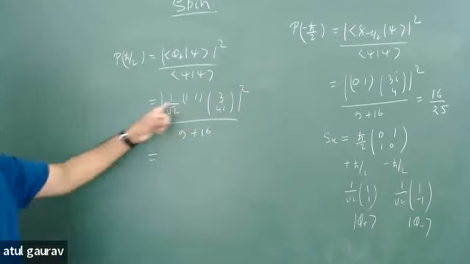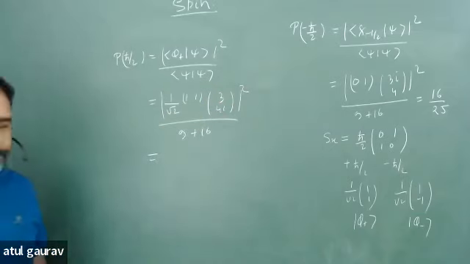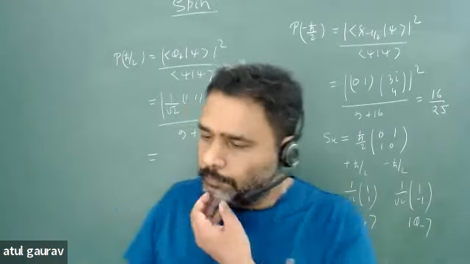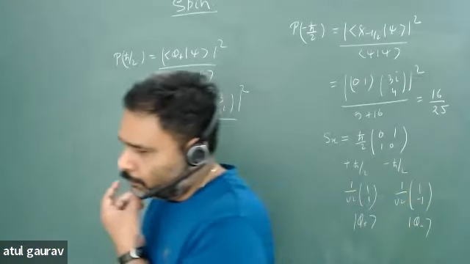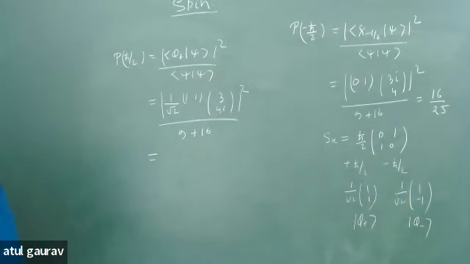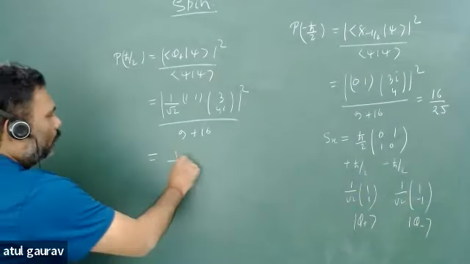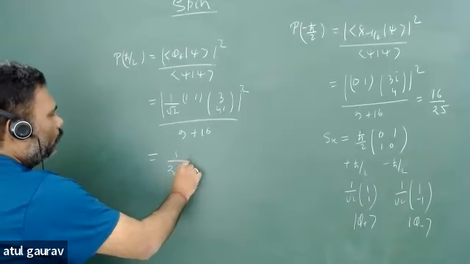So what is this value? Is it 1 by 2? You have 1 upon 2 into 25.